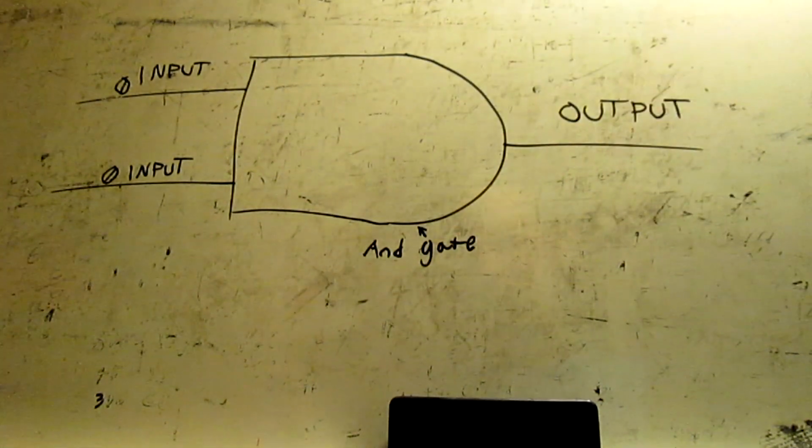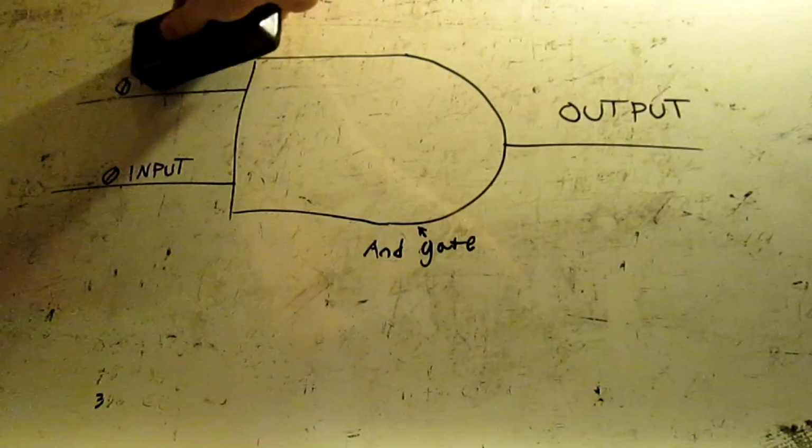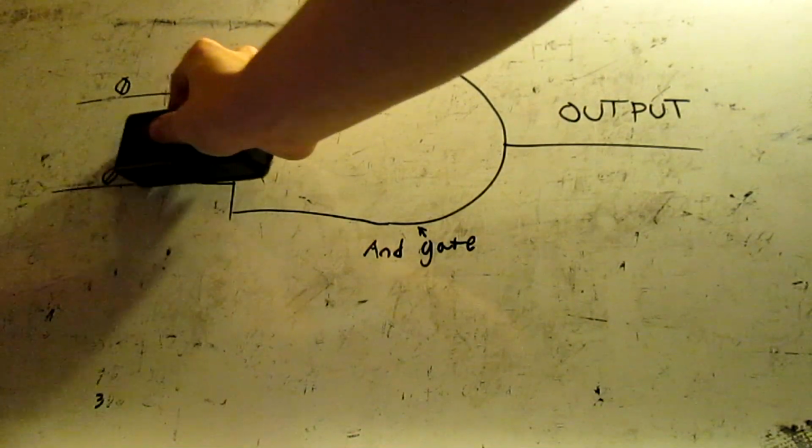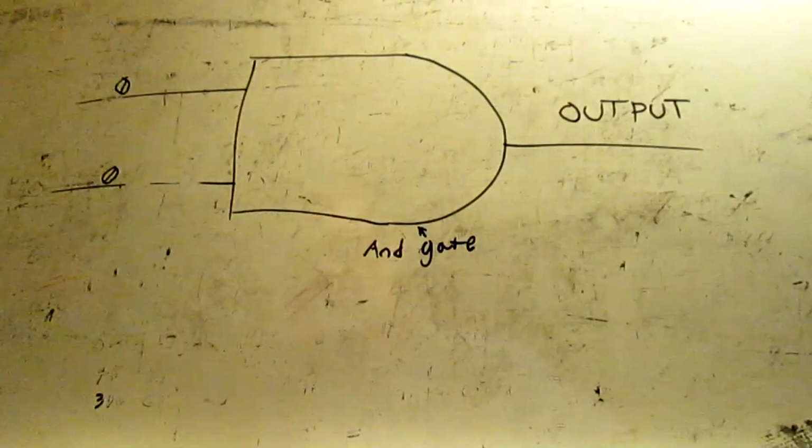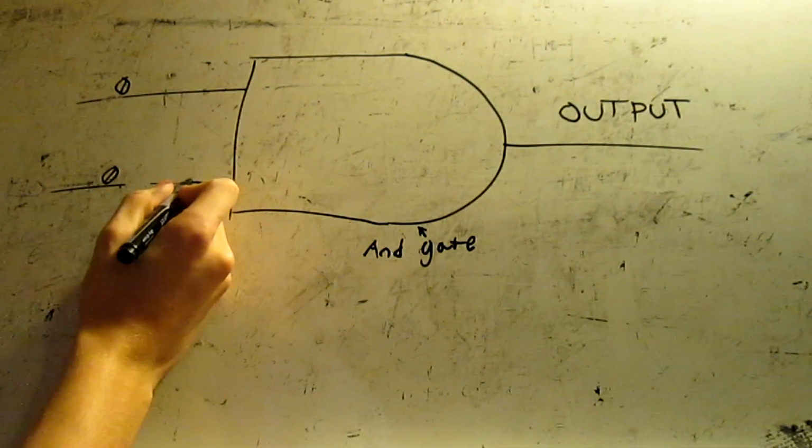And this is set up with what's called a truth table. Suppose instead of having input, they're not twins anymore. We'll just fix that.